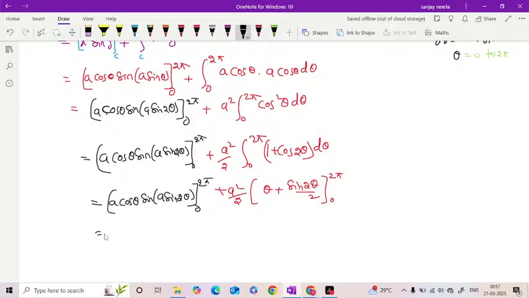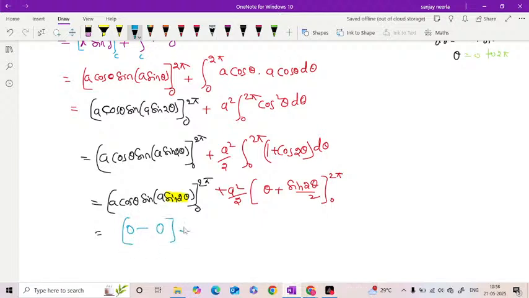Now apply the limits. After applying the limits, what is the upper limit result? It is 0, because there is a sine of 2 pi. So it is entirely 0 for the upper limit, and for the lower limit sine 0 is 0.